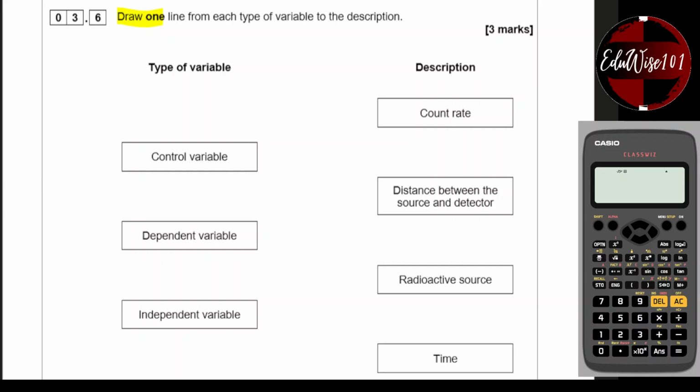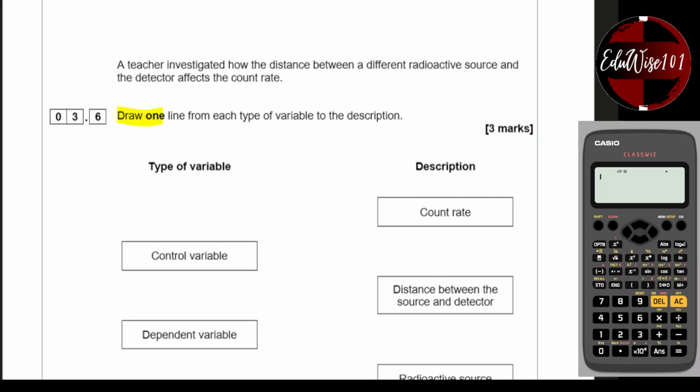What they are, if you look back in the question, a teacher investigated how the distance from a different radioactive source and the detector affects the count rate. Which means that they have to change the distance.